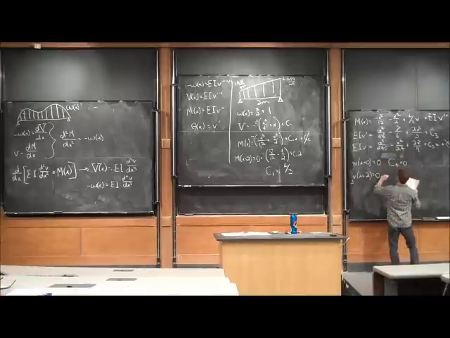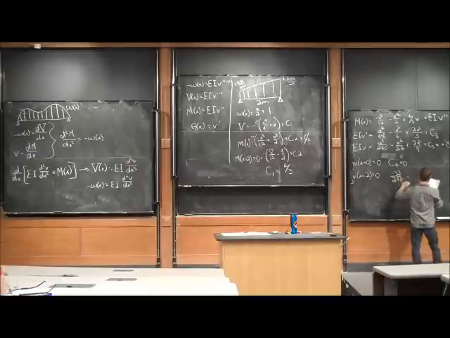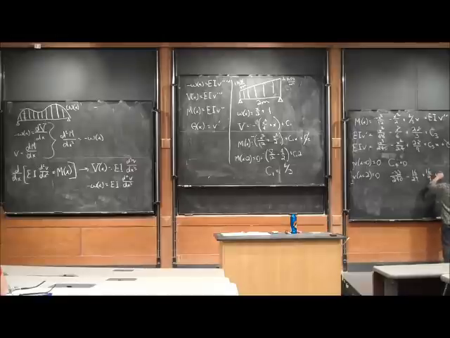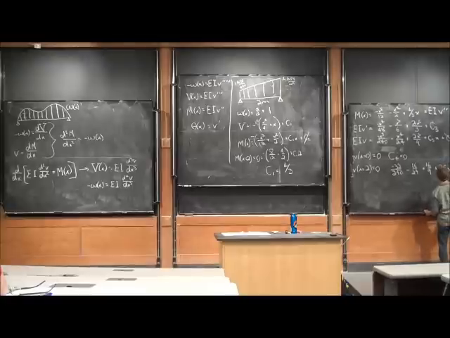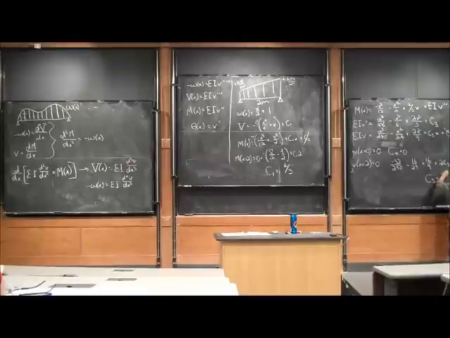I get negative 32 over 240 minus 16 over 24 plus 16 over 9 plus 2C3 is equal to 0. I can solve that, and I get that C3 is equal to negative 22 over 45.